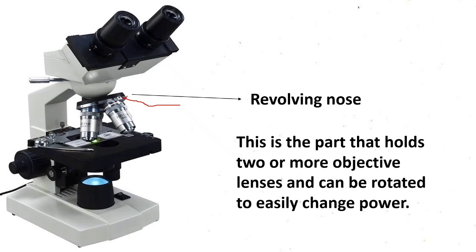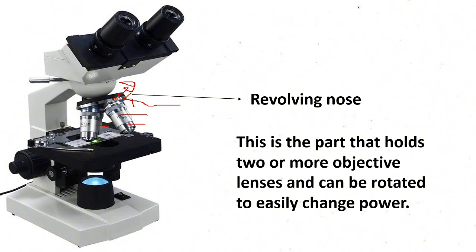That's why we call it revolving. You can move it in whatever direction you want, just to select each of these objective lenses. There are 4 of them, like I said earlier on. You can turn it to select whatever objective lens you want.